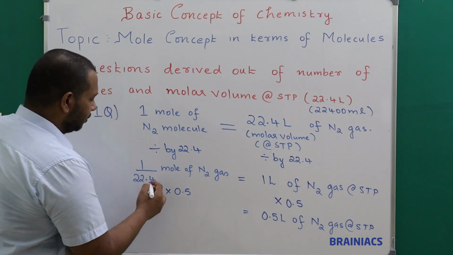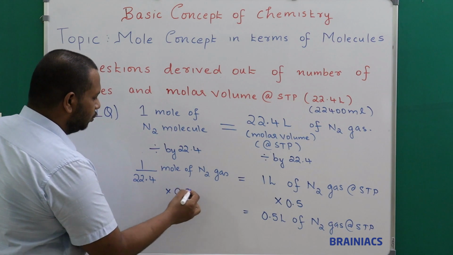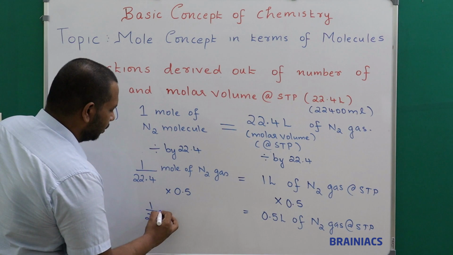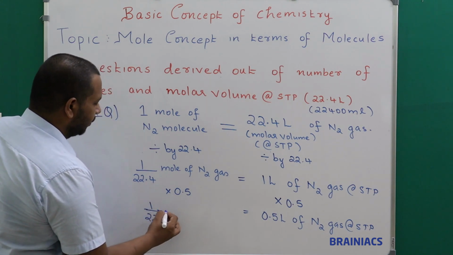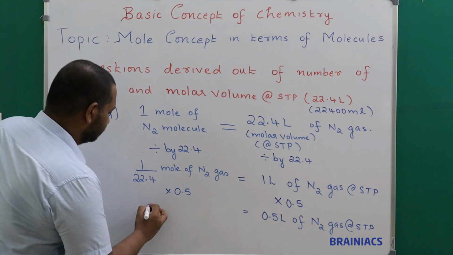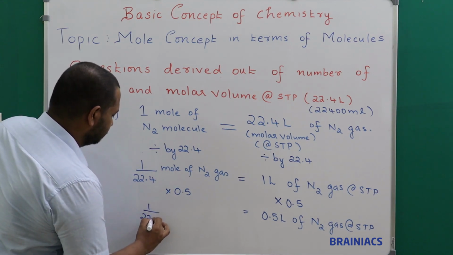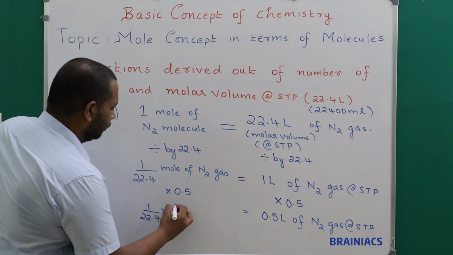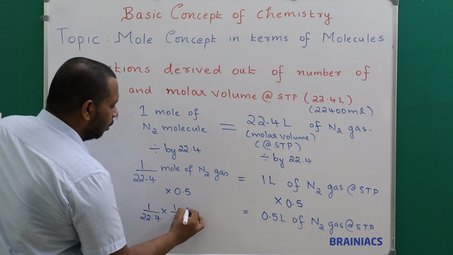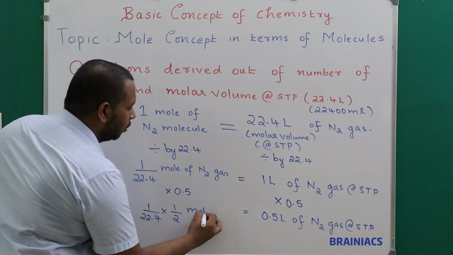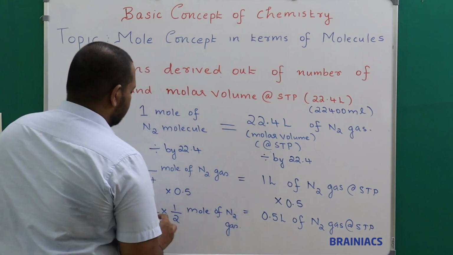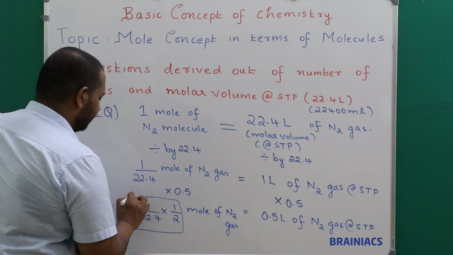We know that 1 by 22.4 into 0.5, that is 1 by 22.4 into 0.5. 0.5 is nothing but 1 by 2 mole of N2 gas. So this factor is my answer then.